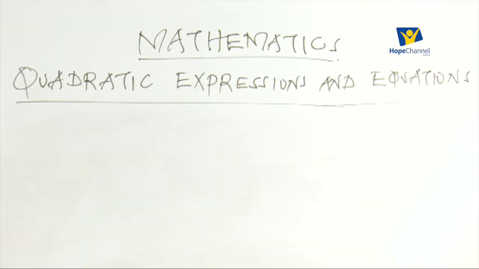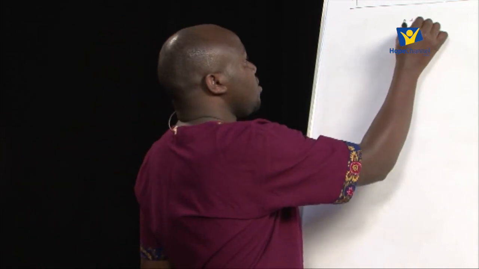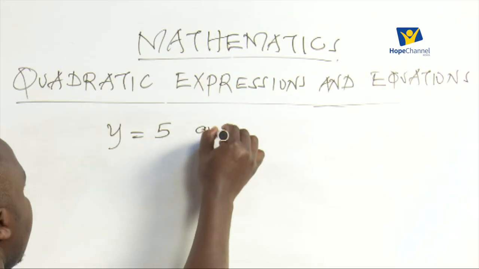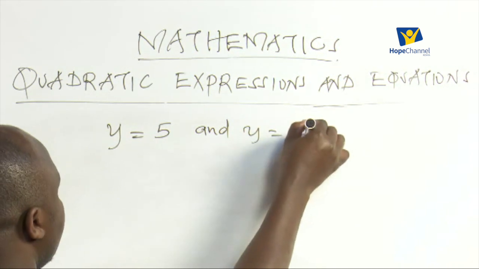In our last episode we were discussing quadratic expressions and equations. I told you that we dealt with expressions, then went to equations, and I gave you different formulas to expand and factorize expressions. Later on we went to equations and how to factorize them. I told you you're going to get definite answers, and I left you with an assignment where we had y is equal to 5 and y is equal to -2.